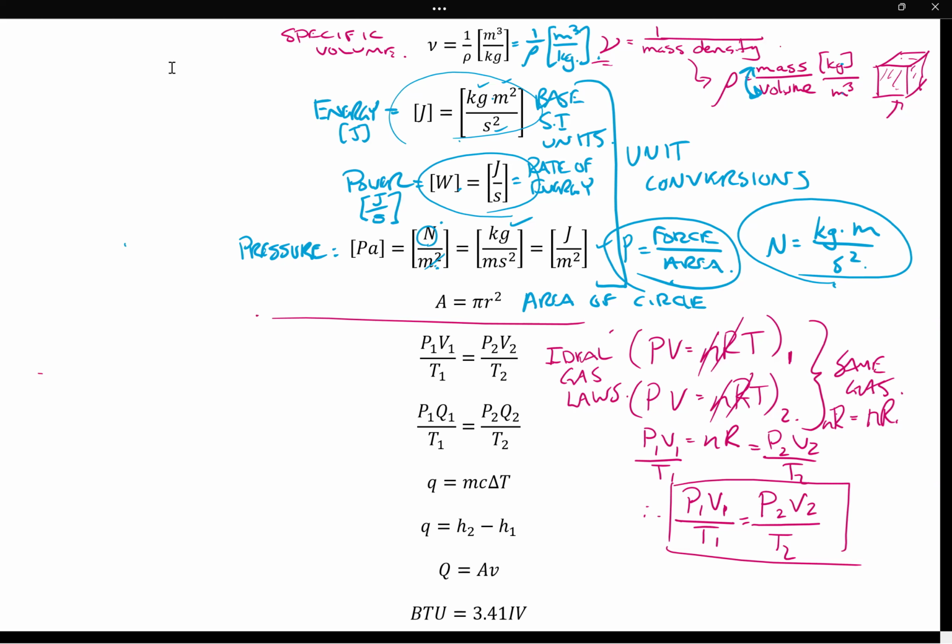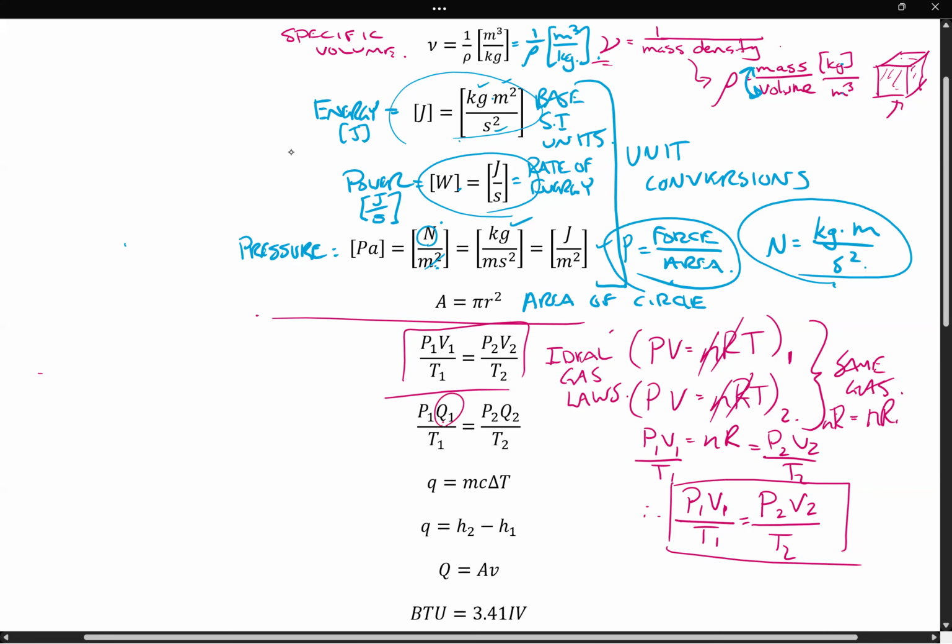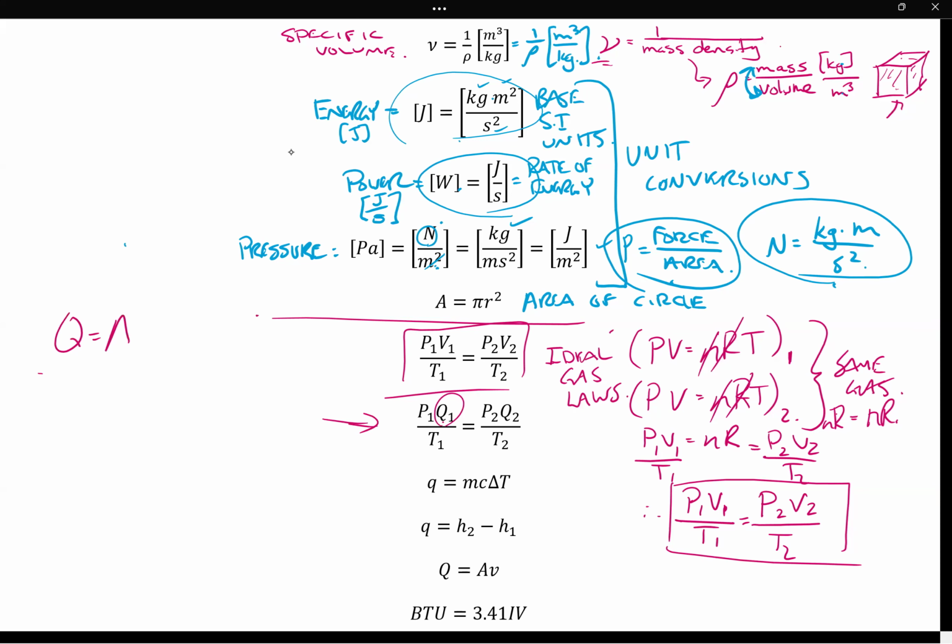And then it's a simple matter to convert my V's to my Q's if my Q is flow rate in this case. And then I need to remember that Q equals AV, and that's volumetric flow rate, where this is area and this is velocity.